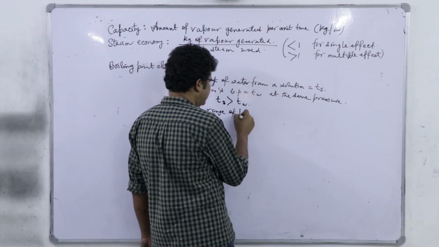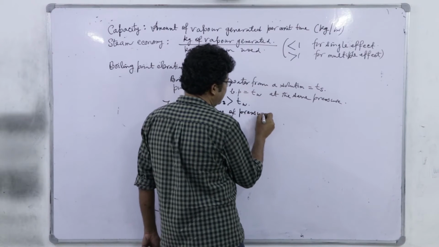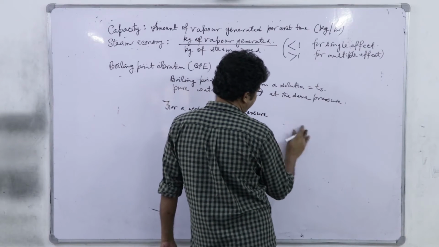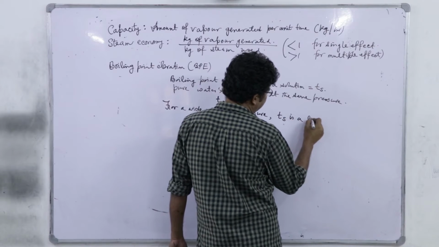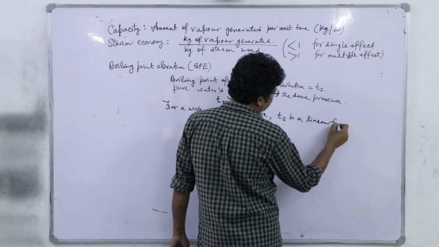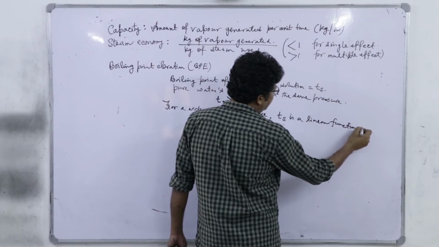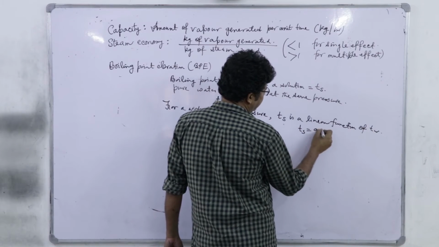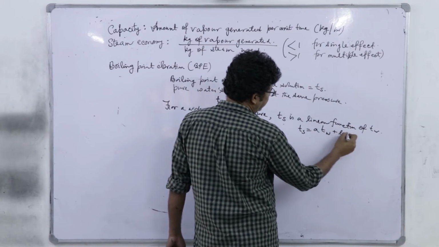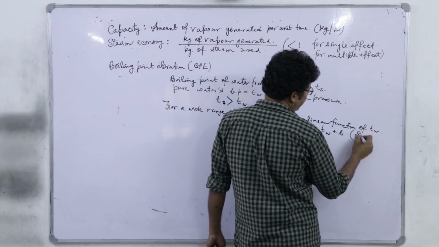Temperature, we should not say that, because pressure dictates the boiling point. Ts is a linear function of Tw, right? So, Ts is equal to A into Tw plus B. So, this is called Duhring's theorem.